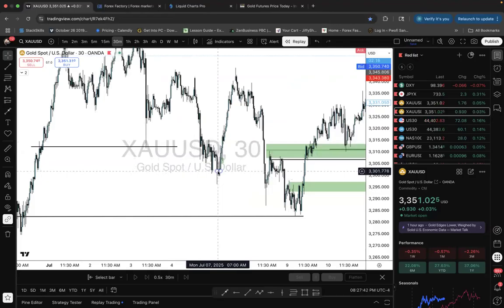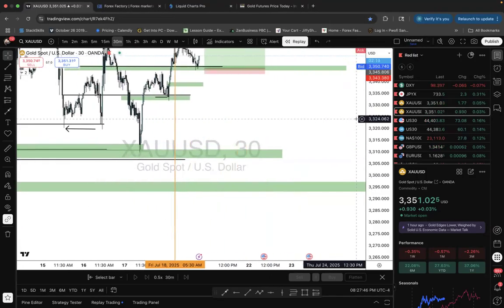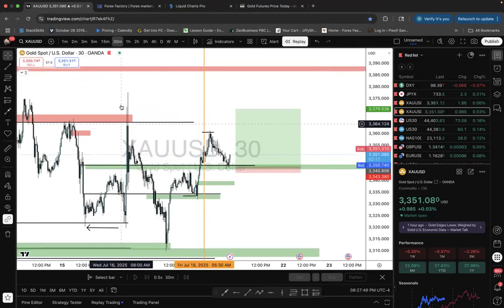They don't really push past it. So even when I'm seeing areas like this, I'm very skeptical because of what happened before. So what do I need to do? In moments like that, you have to learn to close your trades, close the majority of the partials. Better safe than sorry.